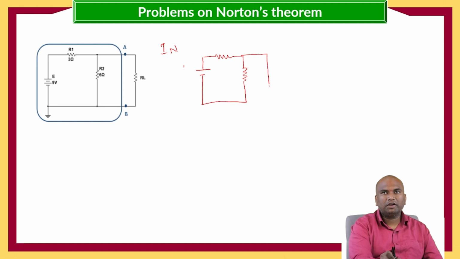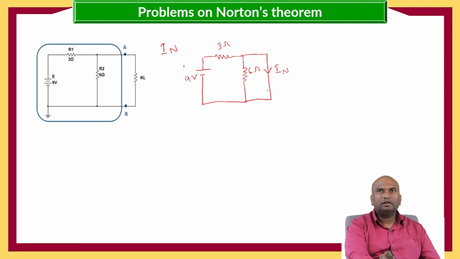And here I am replacing it as short circuit and I need to calculate the Norton's current. Here the 3 ohms, 6 ohms, 9 volts. So here IN is equals to, here the short circuit is placed in parallel with the 6 ohms.